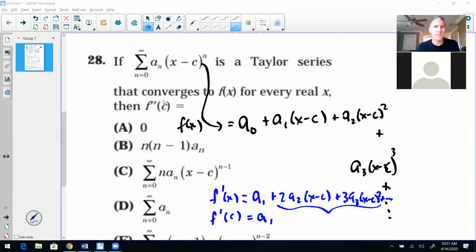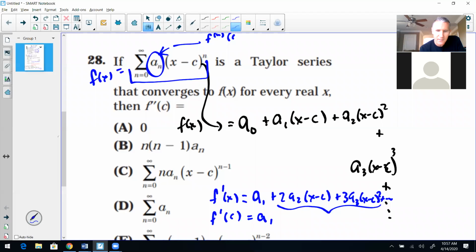Well, no, I think the way that we're looking at this is the fact that they tell us that this is a Taylor series that converges to f of x. I would say that f of x is equal to that, right? And so when we look at the general form of a Taylor series, we would say that this is equal to the nth derivative of f evaluated at c over n factorial, right?